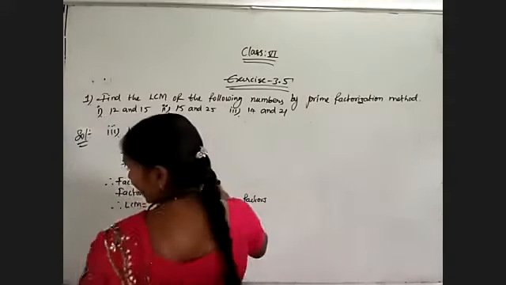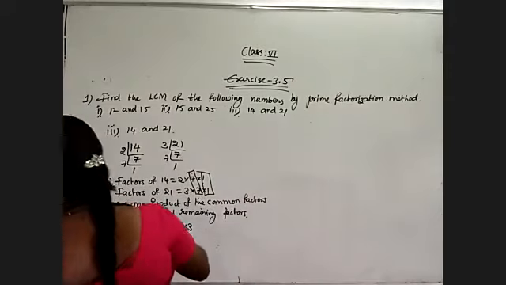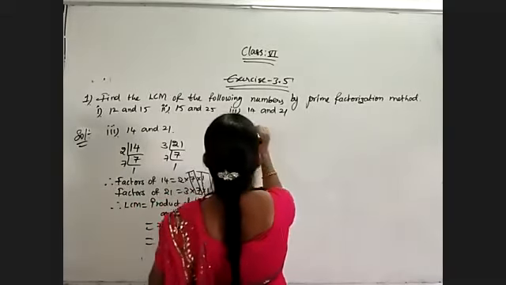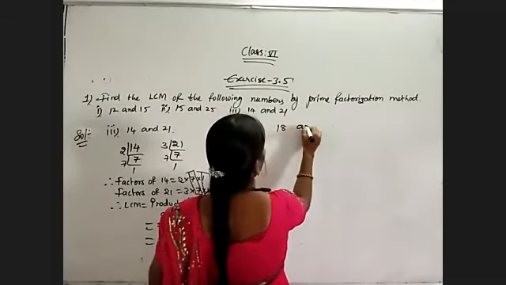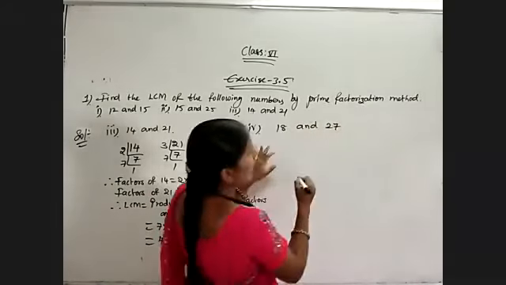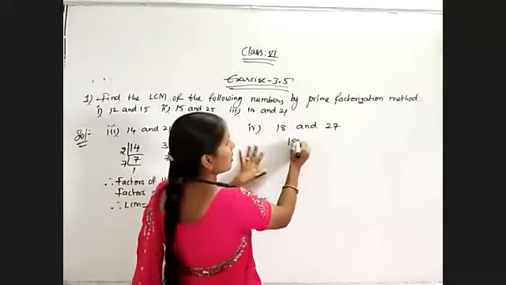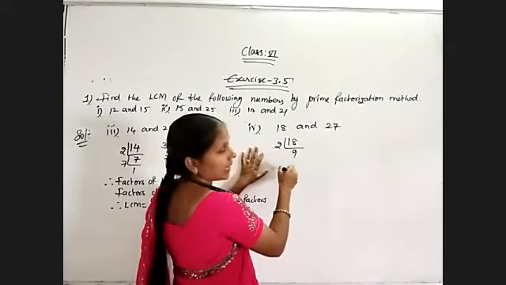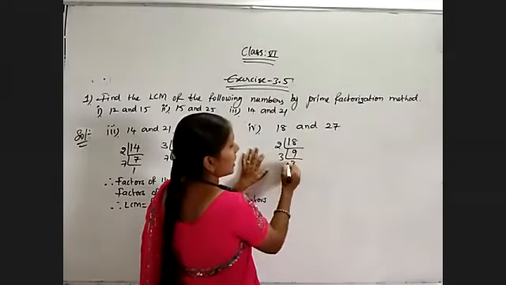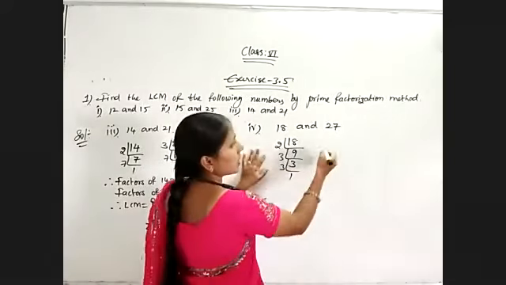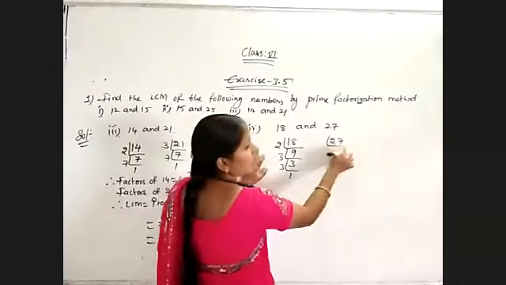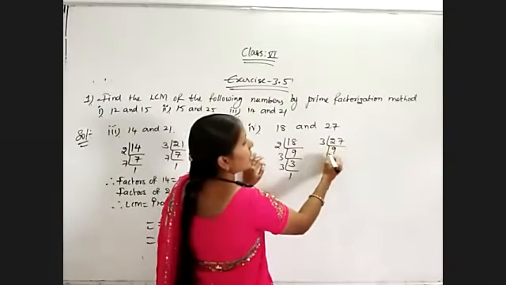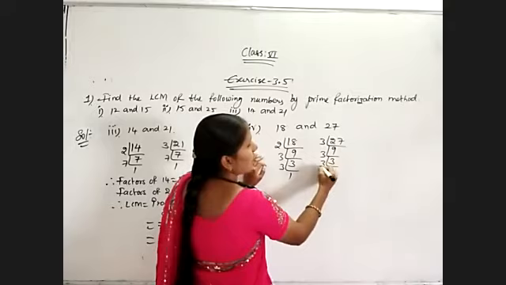Now the next question is 18 and 27. So the fourth question is 18 and 27. Again do the prime factorization. 18: 2 nines are 18, 3 threes are 9, 3 ones are 3. 27: the 2 table will not get 27, the 3 table will get 3 nines are 27, 3 threes are 9, 3 ones are 3.